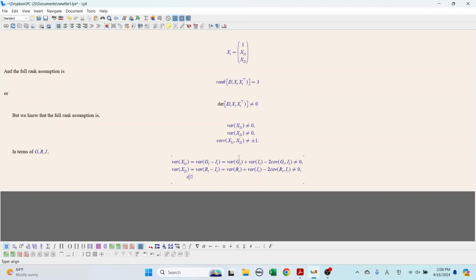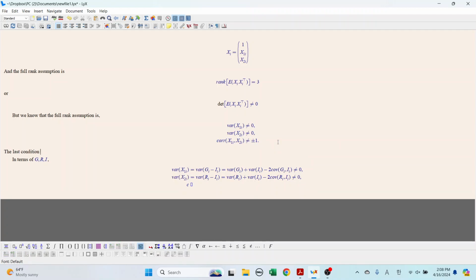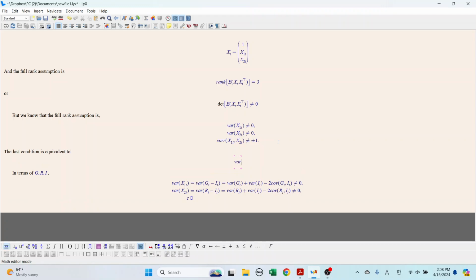And the third assumption, correlation. The correlation being different from plus or minus 1 is equivalent to the multiplication of the variances being different from the covariance squared. If you think about the definition of correlation, it's easy: if you square the correlation, you get that.